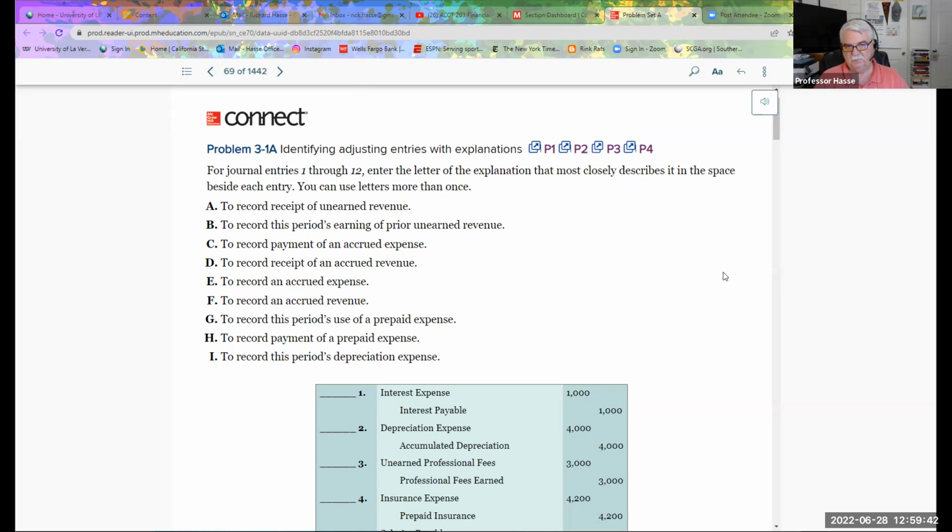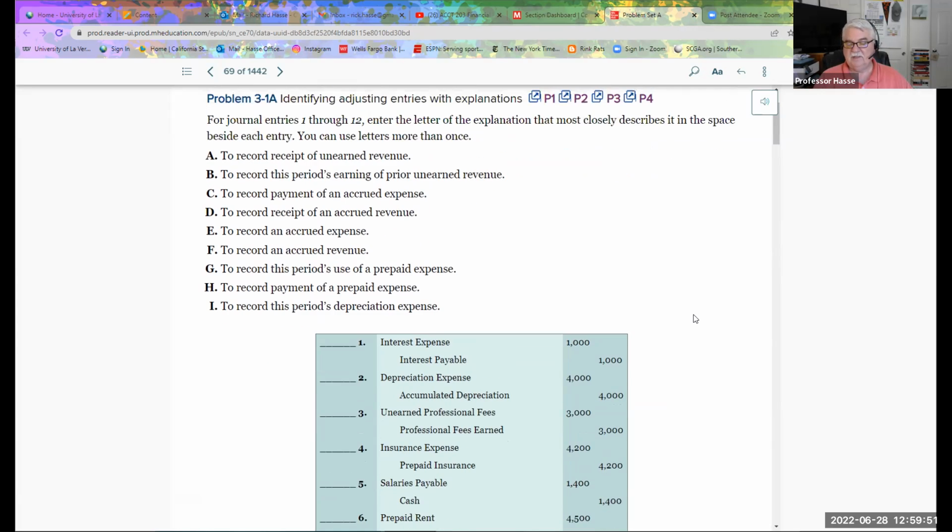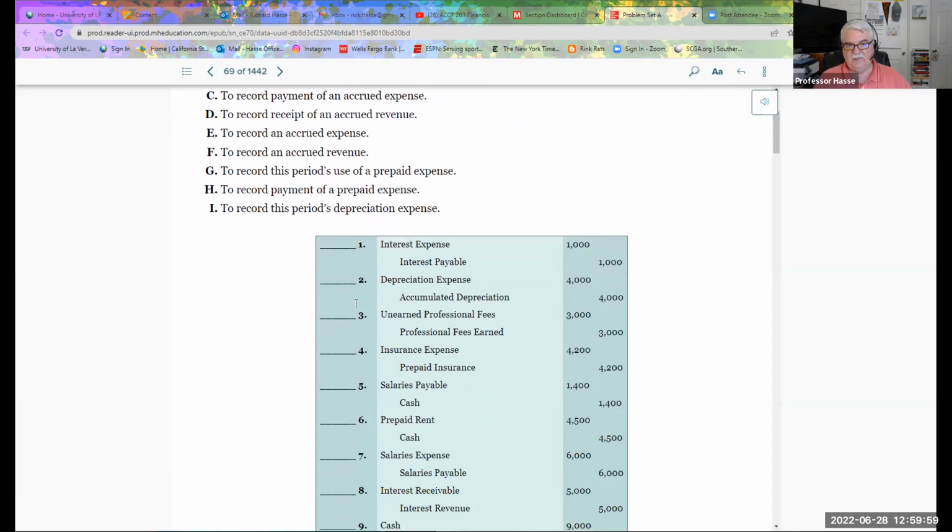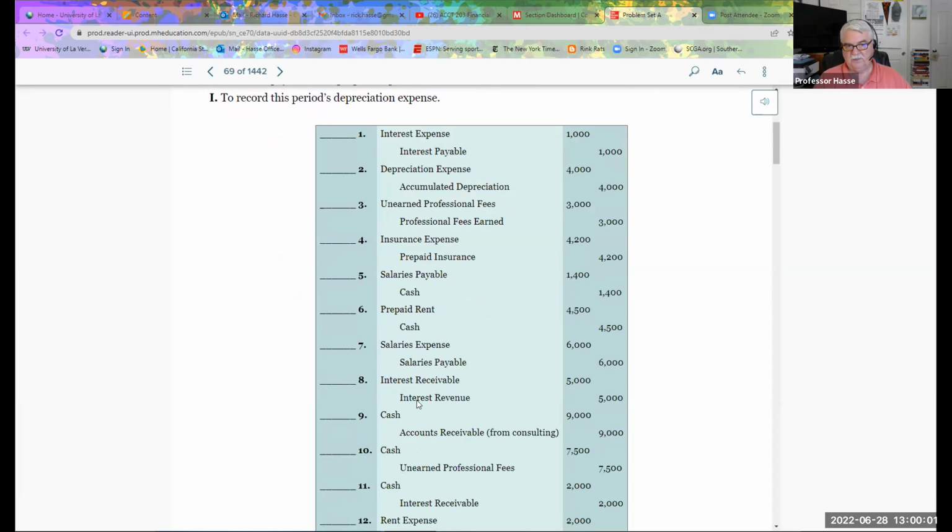It's an adjustment to your accounting records. Well, here are great examples of all adjusting entries that could be a study guide for you. And these adjusting entries are in quiz number 2. It gives the explanation of the entry, and you are to match that up with the appropriate journal entry here.